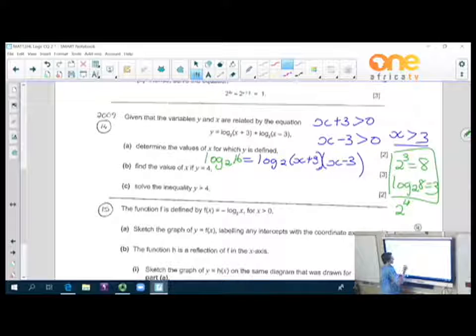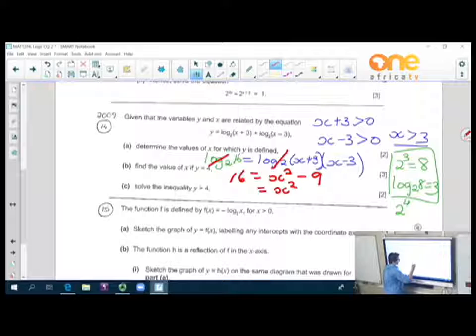Okay. Now I can cancel the logs on both sides, here and here. So then you just have 16 is equal to x squared minus 9. And that means x squared is equal to 25, which means x is equal to plus or minus 5.